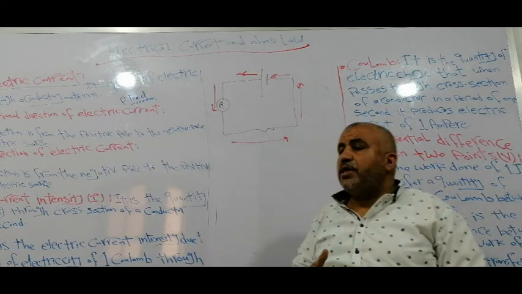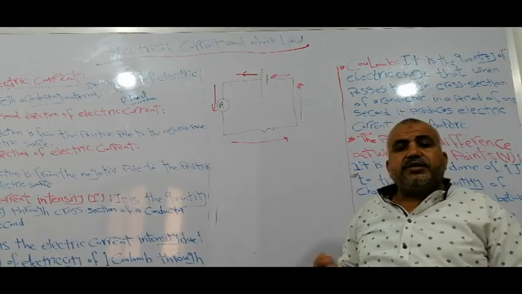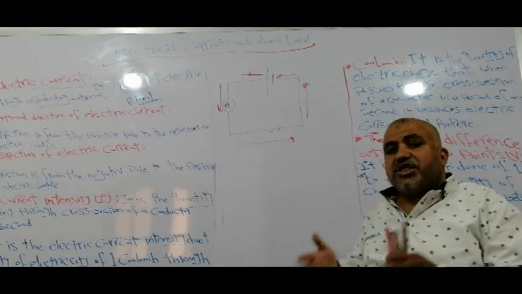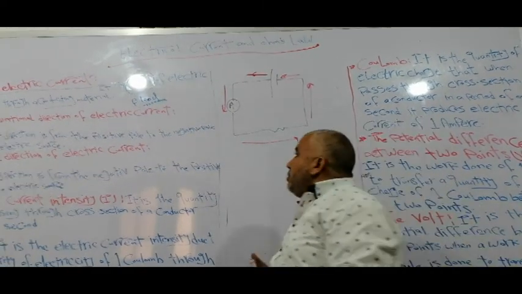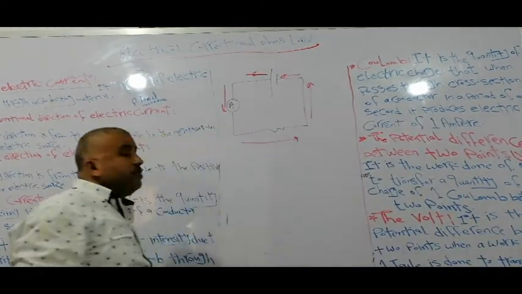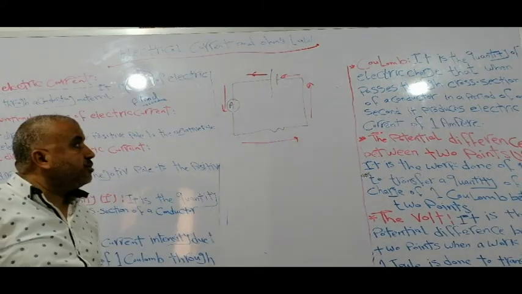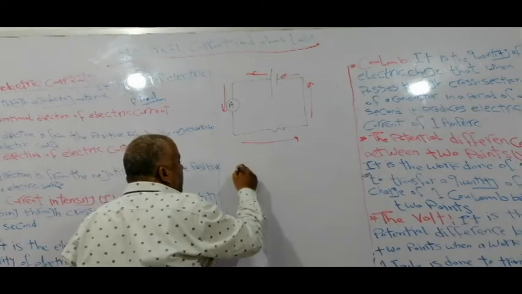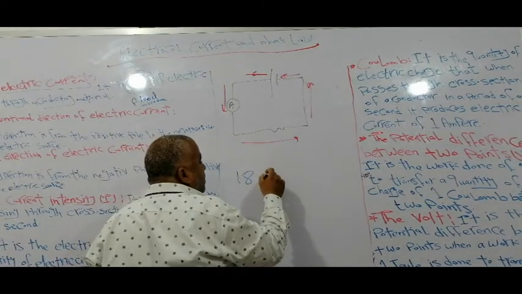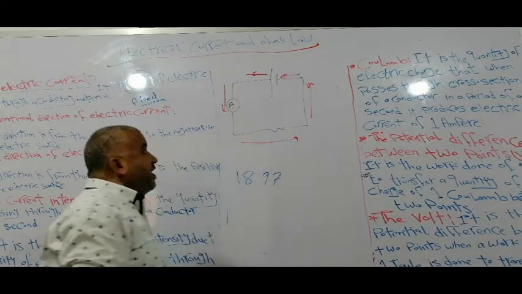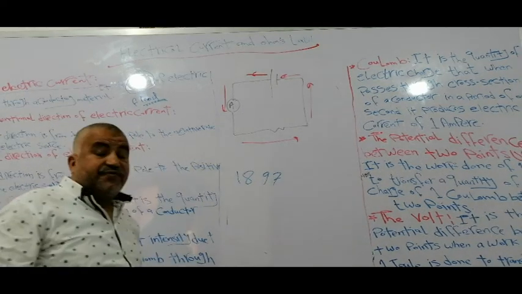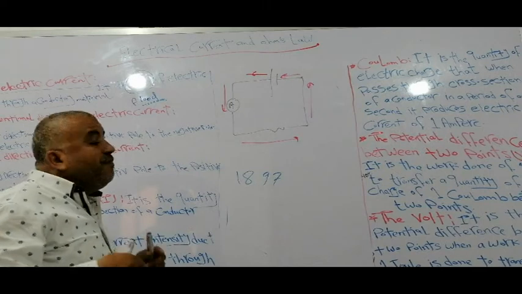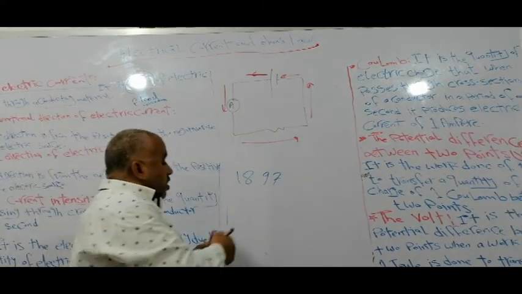For a long time, scientists believed the moving charge is positive, before Thomson discovered the electron in 1897 as a negative charge. And in fact, the moving charge is the negative charge.